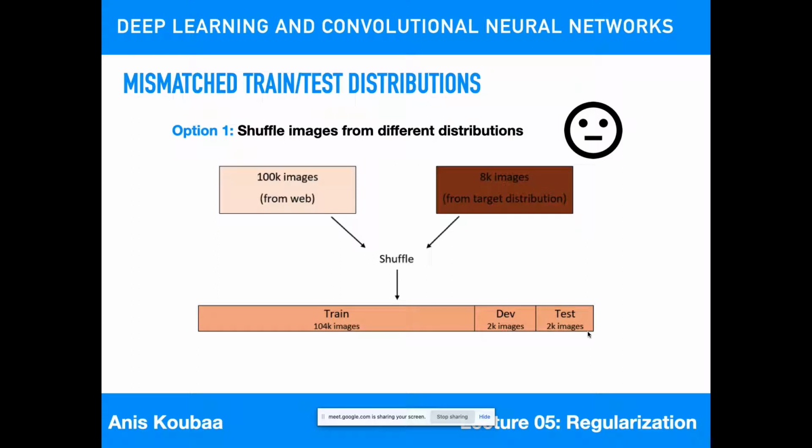Okay, this seems reasonable, but this is not the best way for this particular use case, because at the end, the model I would like to develop is for this distribution exactly. So I have more interest that my test dataset and dev dataset only are part of the target distribution, because this is what I'm going to use at the end.